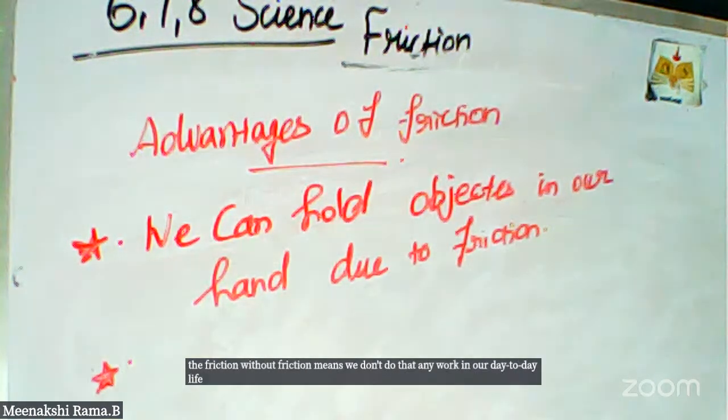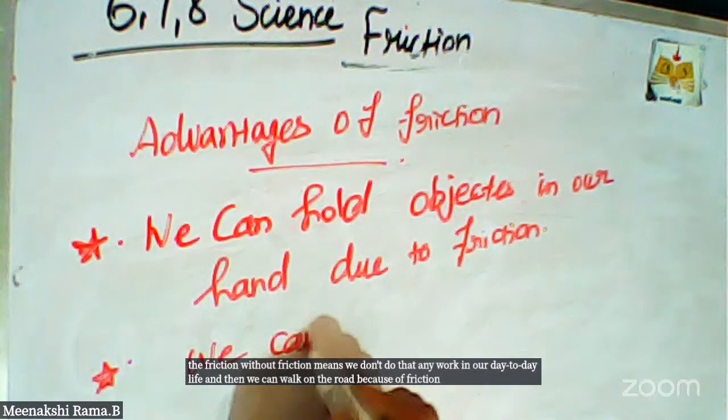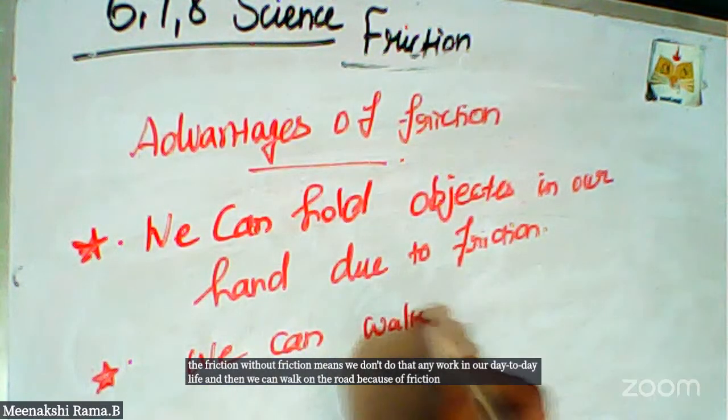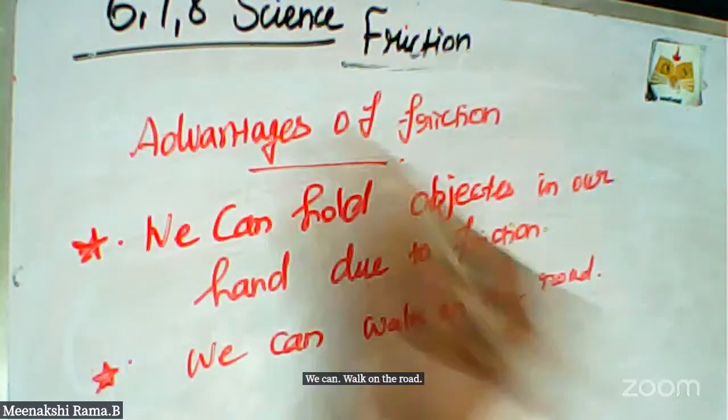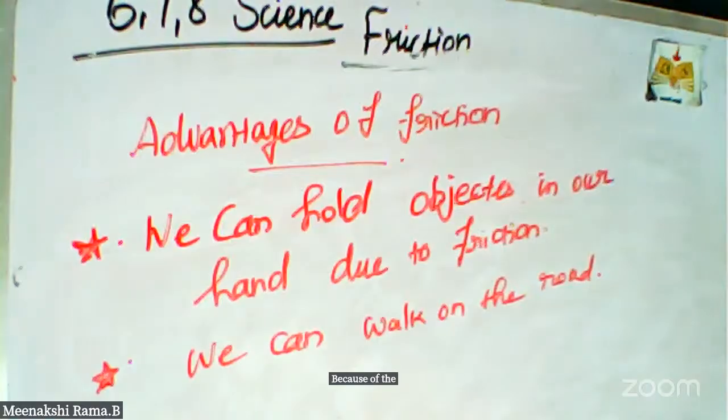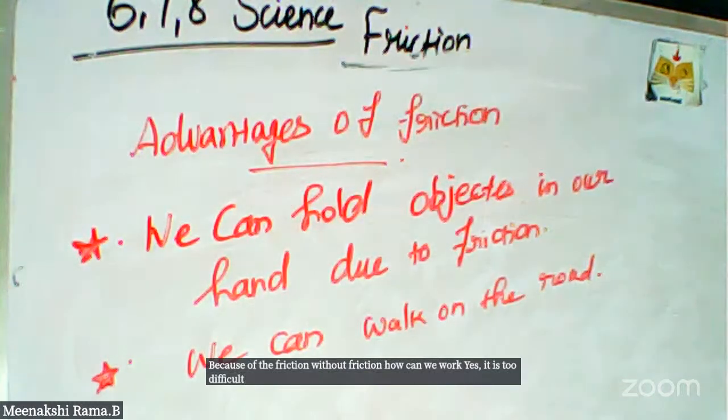And then we can walk on the road because of friction. Without friction, how can we walk? Yes, it is too difficult to walk on that area.